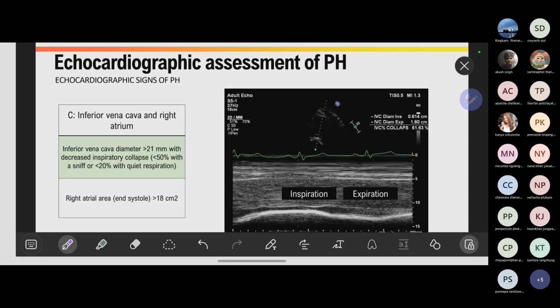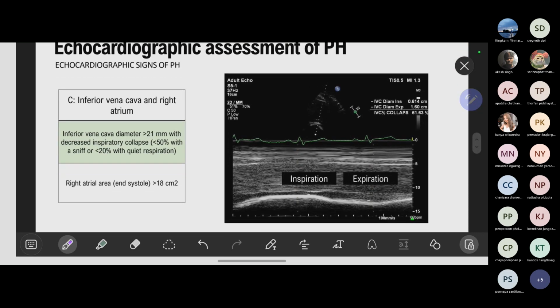Next category is IVC and right atrium. It consists of two echocardiographic signs. The first one is IVC diameter and IVC collapsibility.